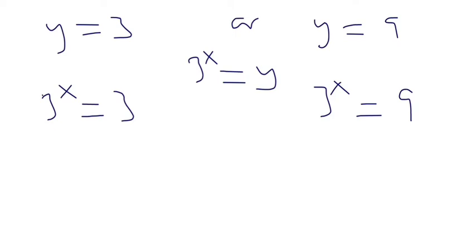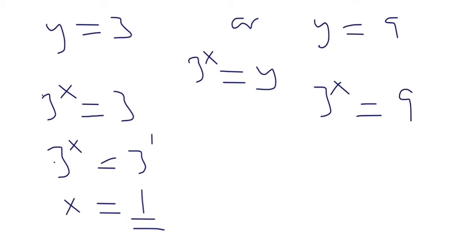Now, this can also be written in the base of 3, because what we are saying is 3 to the power x says, how many times should I multiply 3 with itself to get a 3? So this implies 3 to the power x is equal to 3 to the power 1 to just get 3. So this means that x basically equals 1, which implies that I just need to raise 3 to the power 1 to get a 3.